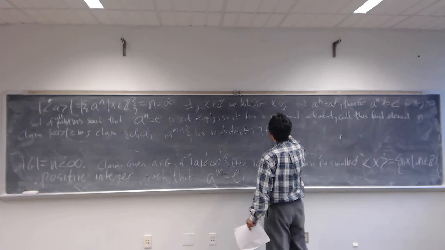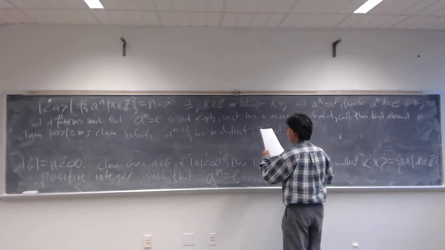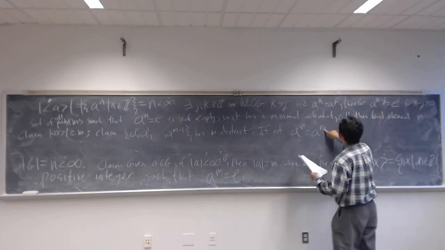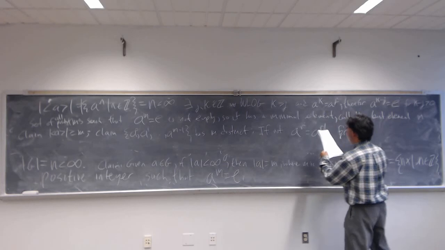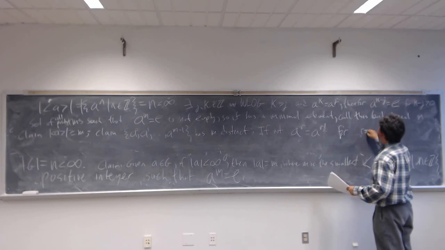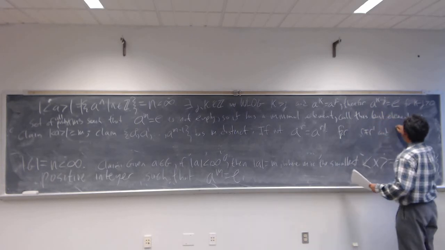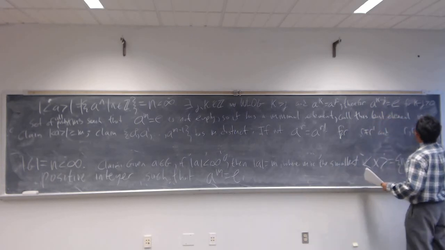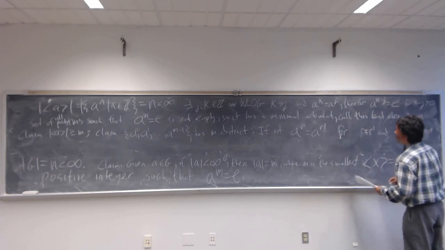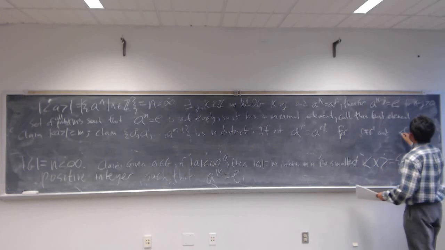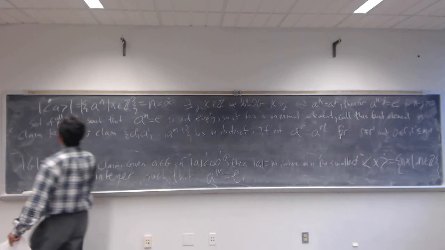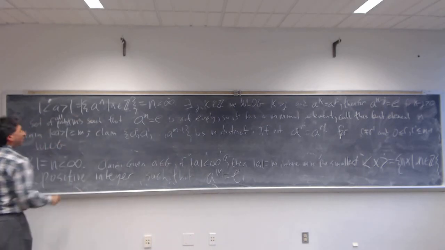If not, I would have a to the r equal to a to the r prime for r not equal to r prime, and both would have to be between 0 and m minus 1. Again, without loss of generality, one of those has to be bigger.